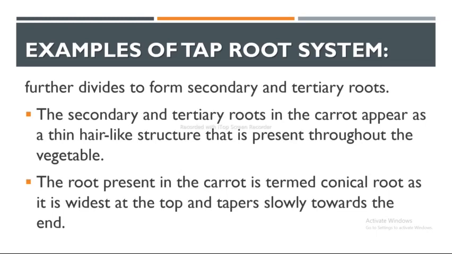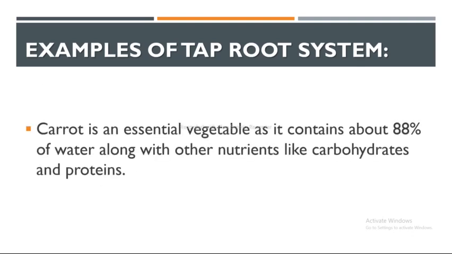The secondary and tertiary roots in the carrot appear as a thin hair-like structure that is present throughout the vegetable. The root present in the carrot is termed a conical root as it is widest at the top and tapers slowly towards the end. Carrot is an essential vegetable as it contains about 88% of water along with other nutrients like carbohydrates and proteins.